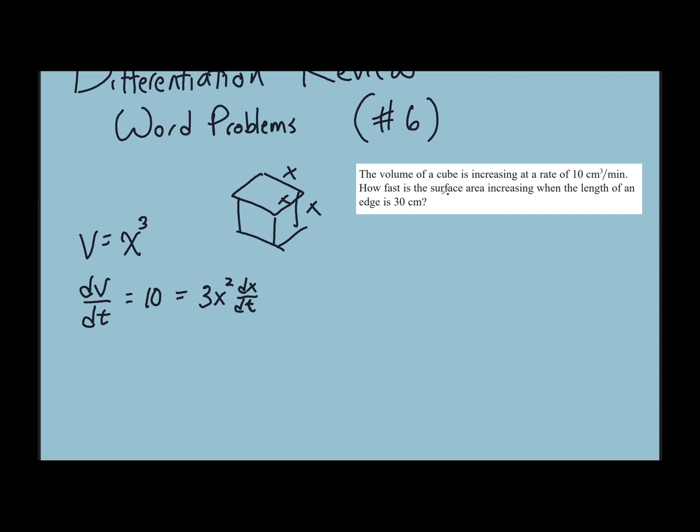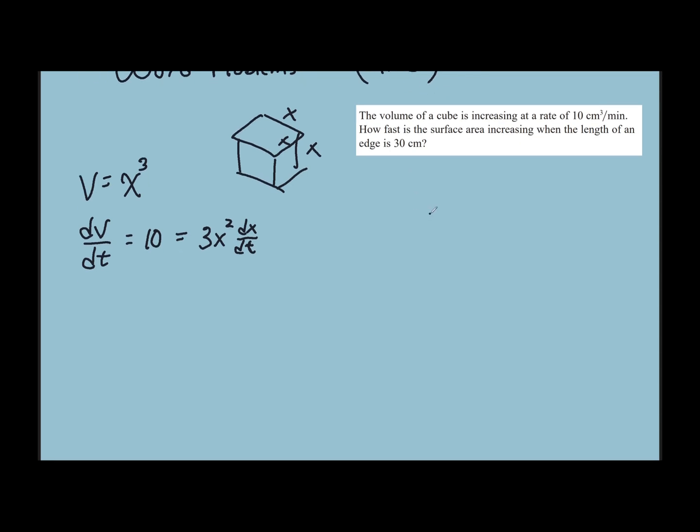How fast is the surface area increasing when the length of an edge is 30 centimeters? So they actually tell us the length of x here. So we can say 10 equals 3 times 30 squared dx/dt. 30 squared is 900 times 3 is 2700.